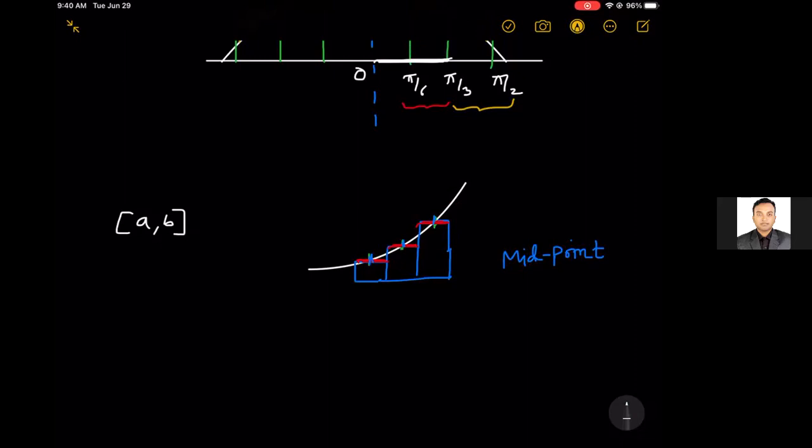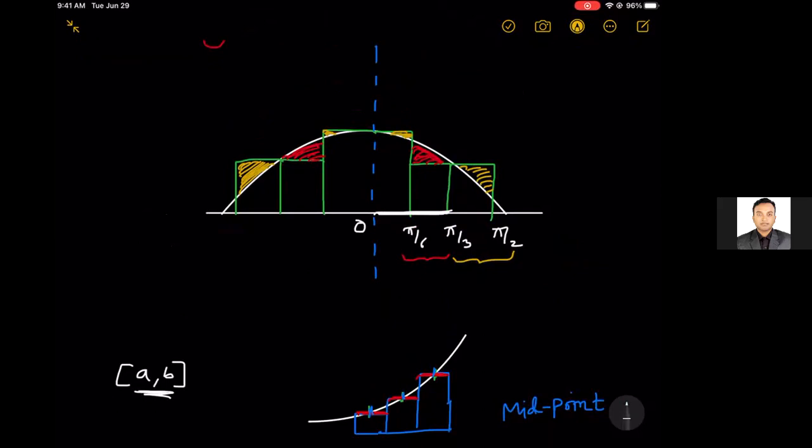Okay, whatever you have, the question will say find the Riemann sum by dividing this interval into three sub-intervals. Okay, now we know that we need to divide the interval into three parts, but the next question would be what will be the length of the sub-intervals, and the reason you need the length is this.